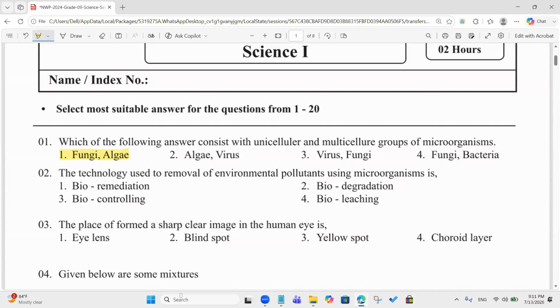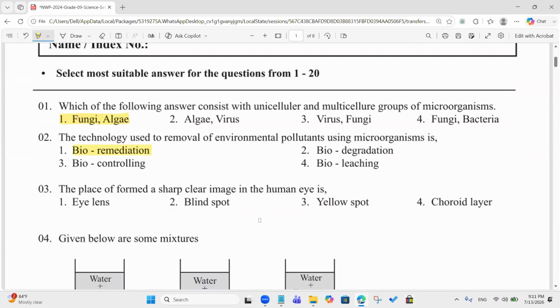Right, next question. The technology used to remove environmental pollutants using microorganisms. Yes, Lamai? Removing environmental pollutants using microorganisms is called bioremediation. Third one, the place where a sharp, clear image is formed in the human eye.